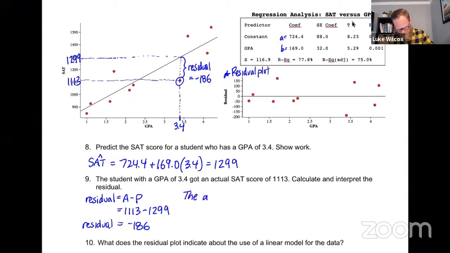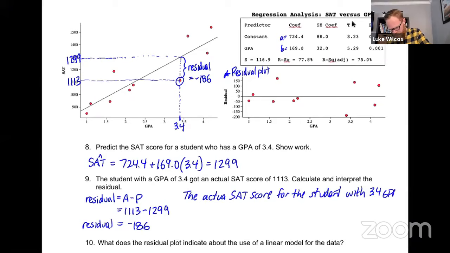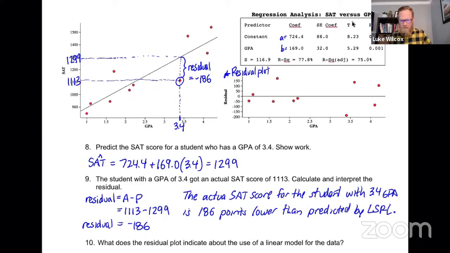We're going to say the actual SAT score for the student with a 3.4 GPA is 186 points lower than predicted by the LSRL. And you'll notice here, very important is that I'm using this word lower. That explains why we have a negative value for our residual, because the actual value is less than the predicted.